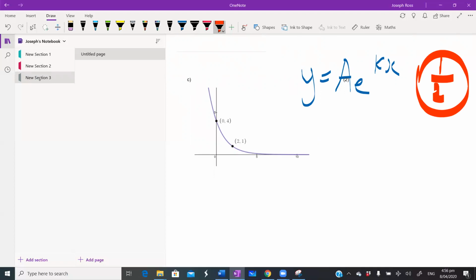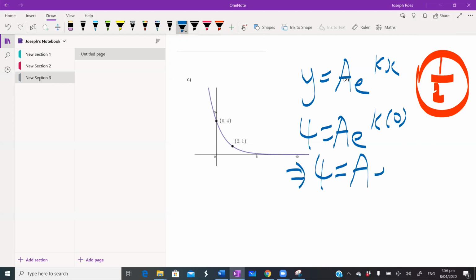Okay, so now we need to put the point (0, 4) in there. So when x is 0, y is 4. So that gives us 4 equals ae to the k multiplied by 0. So therefore we've got 4 equals ae to the k times 0, which is 0.